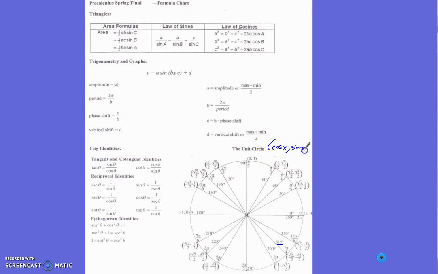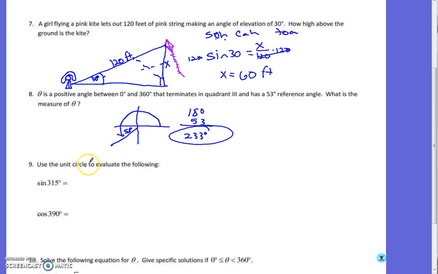So sine is the second one in the ordered pair. So at 315, there's our answer. So sine of 315 is negative square root of 2 over 2.